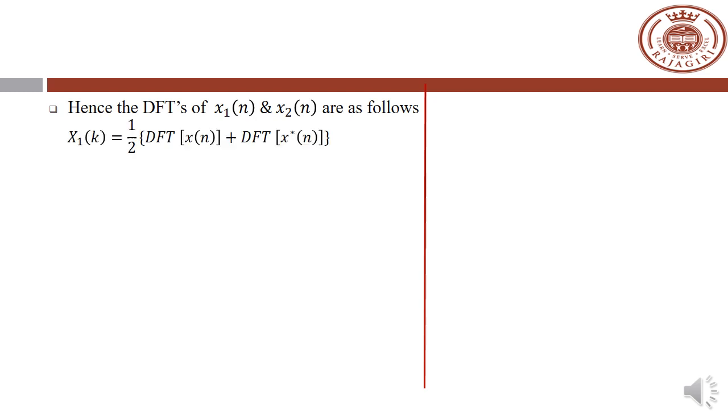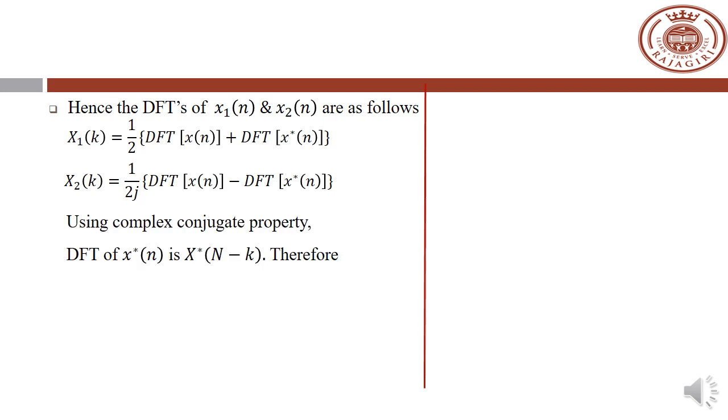The DFTs of x1 of n and x2 of n are given as x1 of k is equal to 1 by 2 into DFT of x of n plus DFT of x conjugate of n, and x2 of k is equal to 1 by 2j DFT of x of n minus DFT of x conjugate of n. According to the complex conjugate property, we know that DFT of x conjugate of n is equal to x conjugate of n minus k.